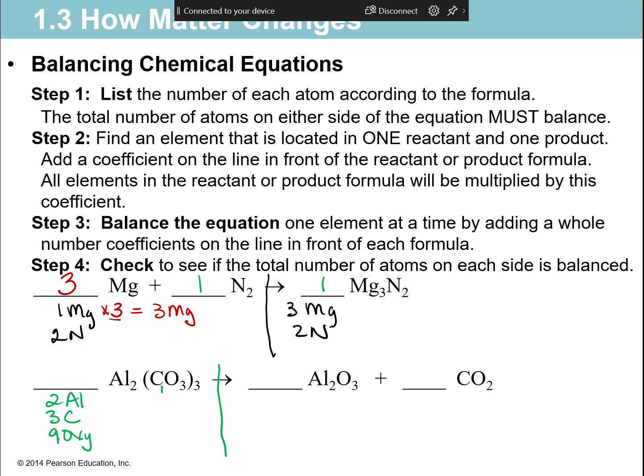So I have 3 carbons and I have 9 oxygen. So Al2O3, what is that? 2 aluminum and 3 oxygen. And then CO2. And 2 oxygen.